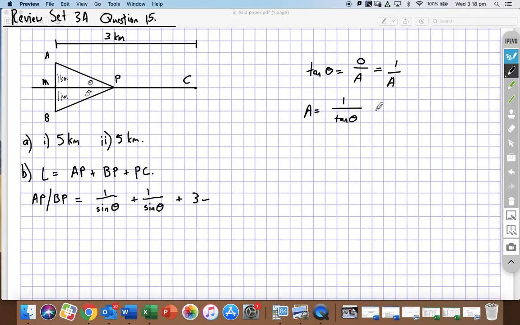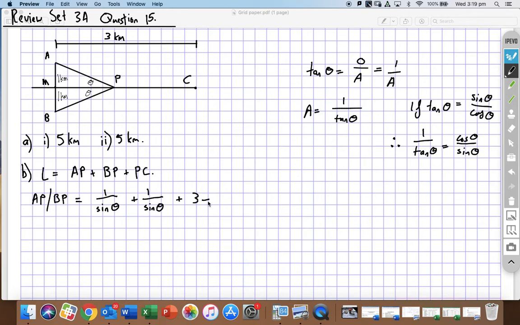All right. Now, tan you can consider as being sine on cos, can't you? So what would be the inverse of that? So therefore, 1 on tan theta equals cos divided by sine, right?